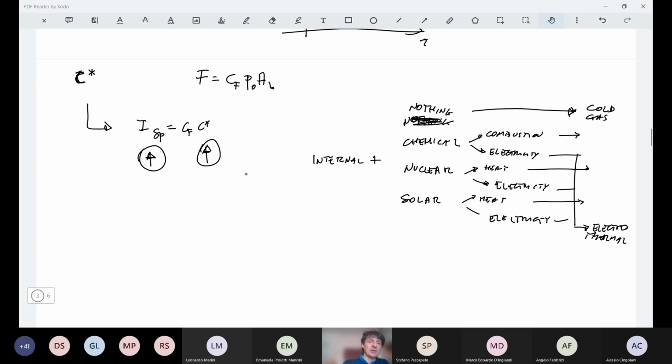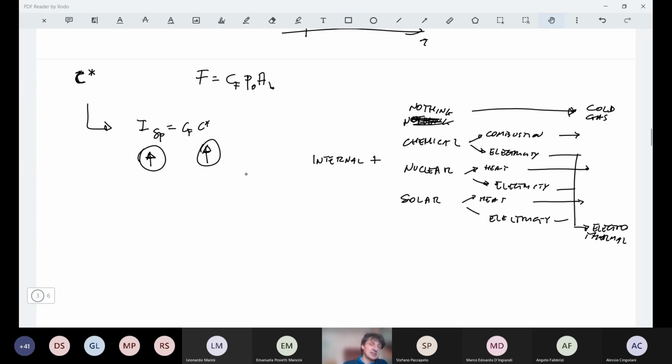So let's go to our goal, which is our C star values. We have this starting value, which is available in all cases, and typically it's not so high, because it would be difficult to store a gas at high temperature, and the gas is not efficient to store because it occupies a large volume. So we don't expect high performance with cold gas systems.